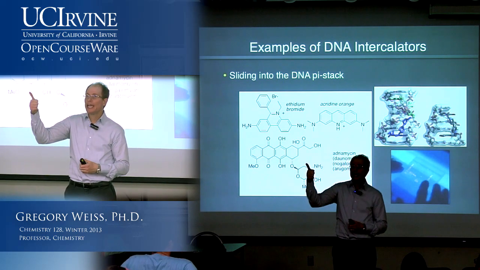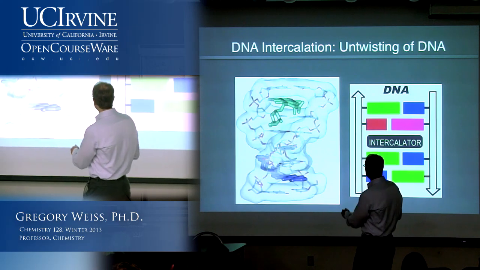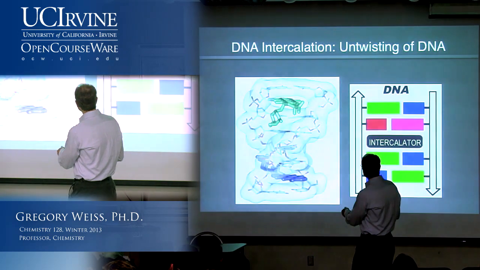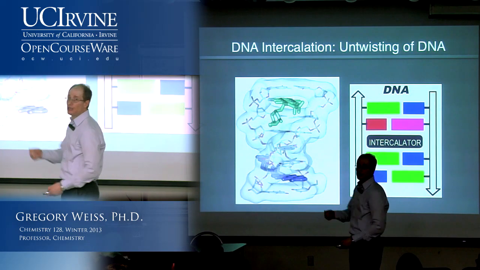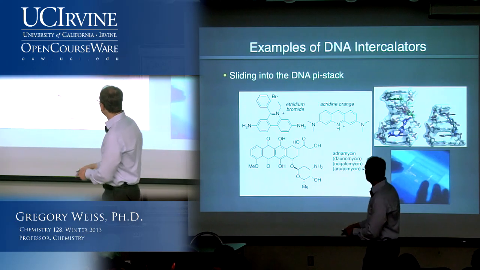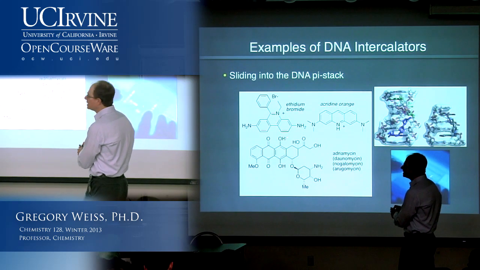Number one, it distorts the structure of DNA. I showed you that on the previous slide over here, where I showed you how the structure of the DNA has to unwind to accept the intercalator. So it distorts the structure of DNA. Number two, it places a hydrophobic functionality in the center of the DNA.